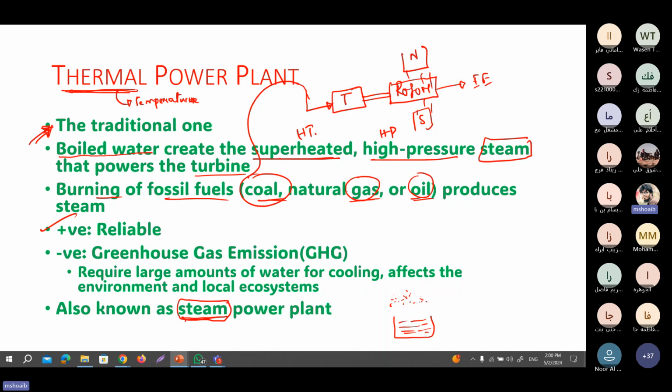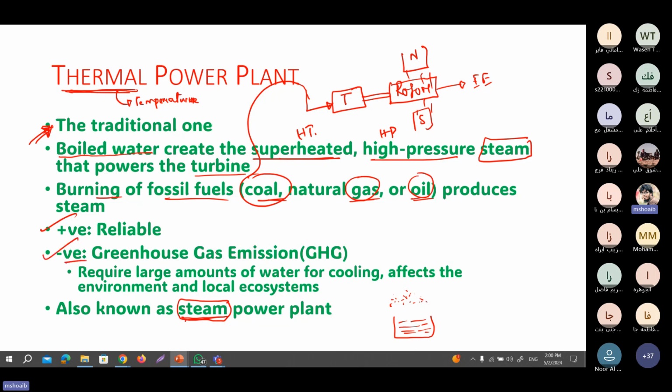Like the uncertainty we have for sunlight for the solar system. Some days are sunny, some days are cloudy, so solar power plants are unpredictable and not fully reliable. But this type of thermal power plant is very reliable.